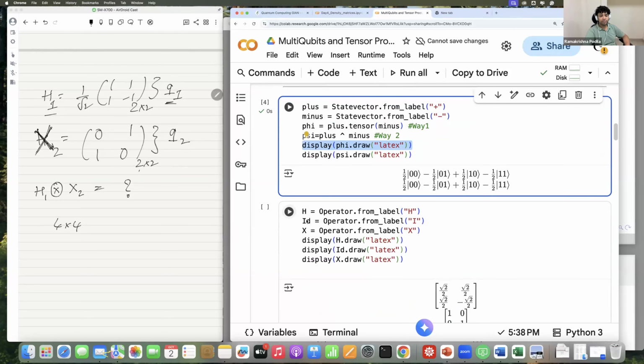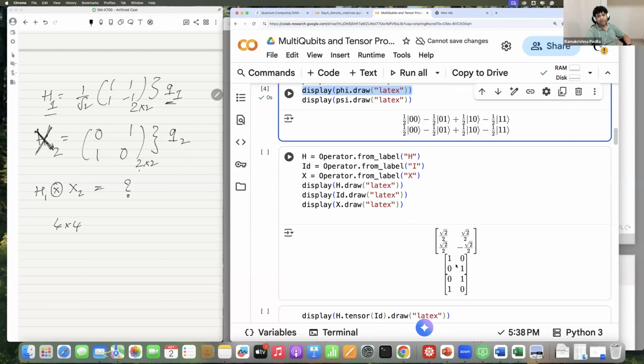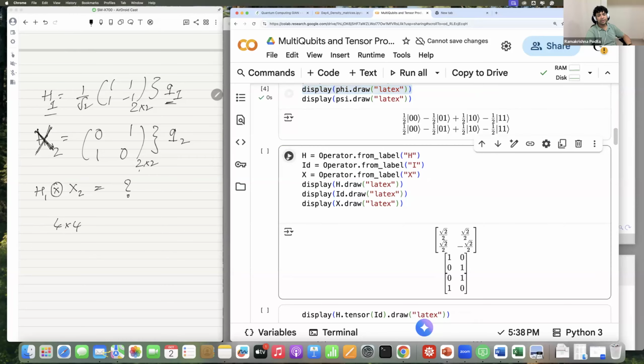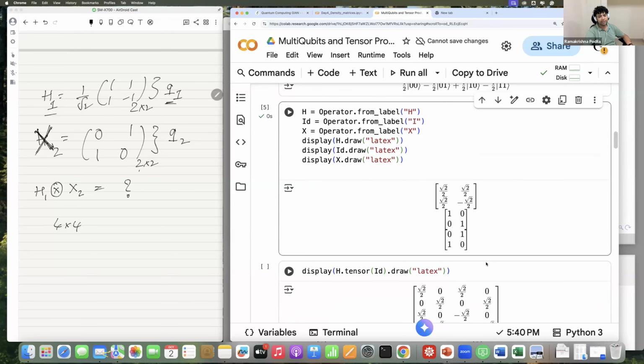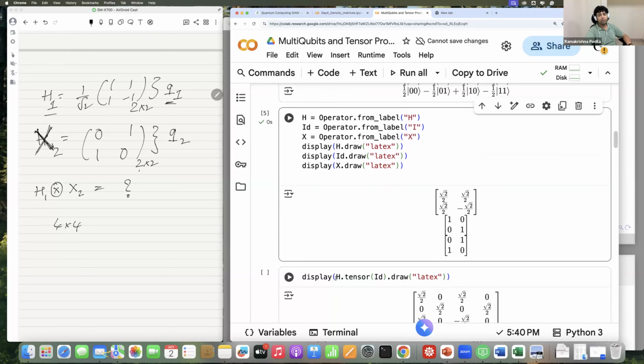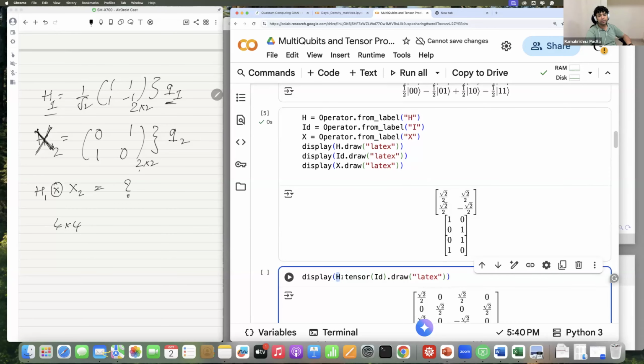So I'm creating this Hadamard operator, and then identity is just the identity matrix. And this Pauli X is the X gate. Then let's see how to take the tensor product of these matrices. What I'm doing is taking the tensor product of the Hadamard and the identity matrix.